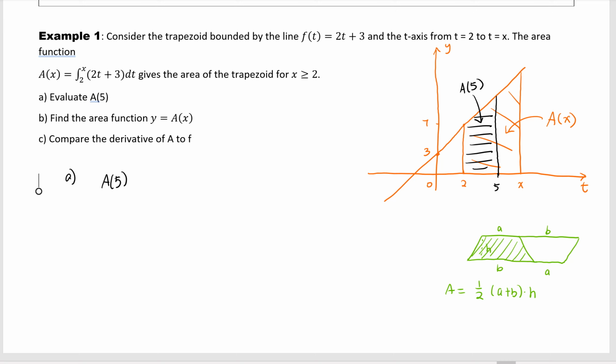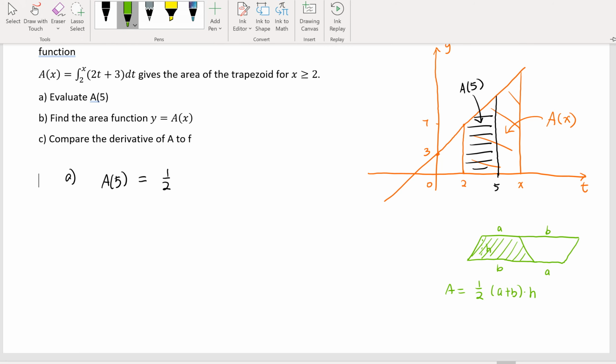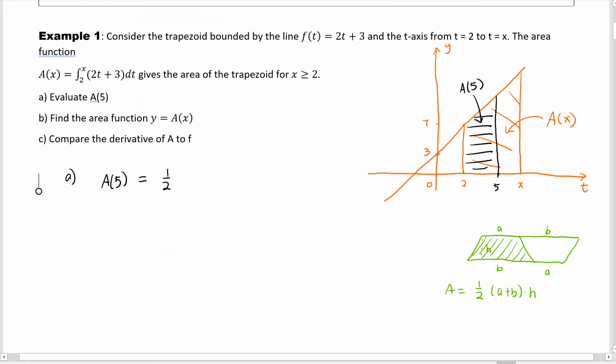Using the formula, we want 1/2 times (a plus b) times h. Let's use the purple color. My a is 7, right? How about this one?